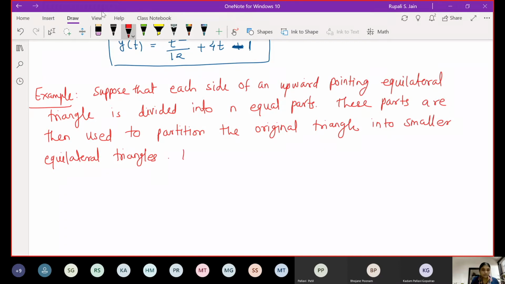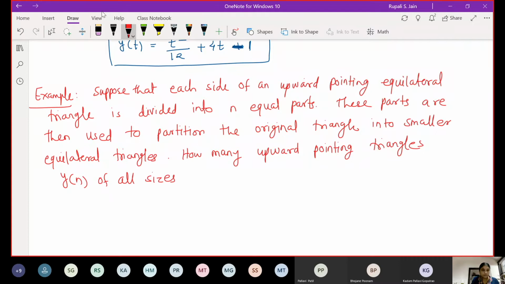So how many upward pointing triangles y_n of all sizes are there?